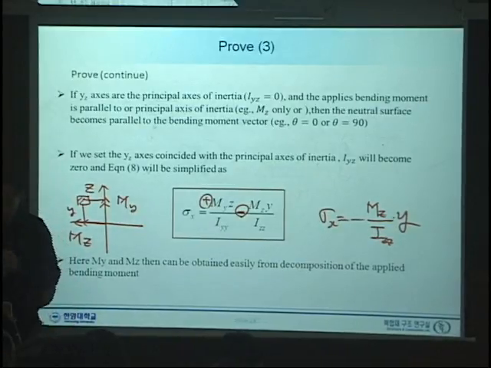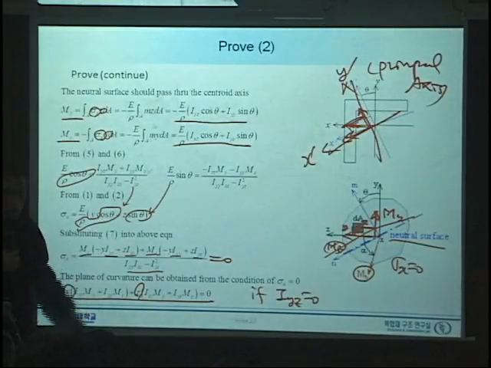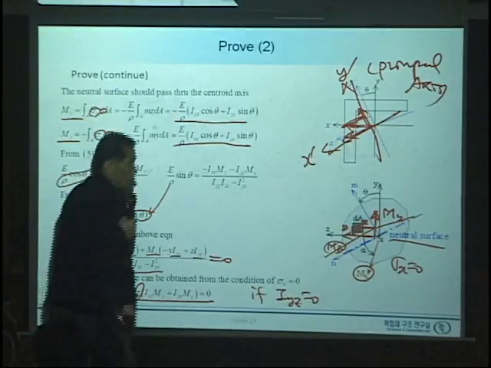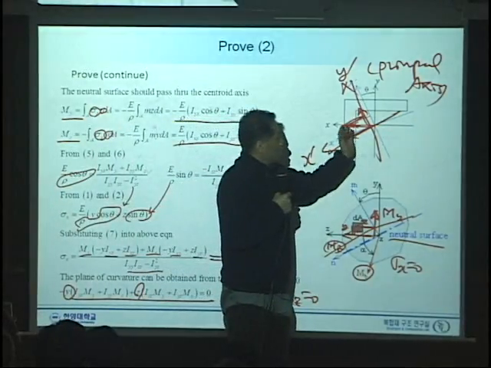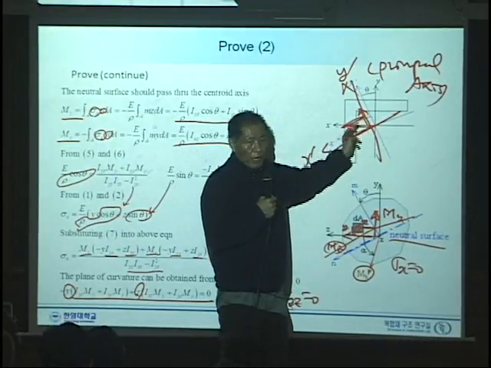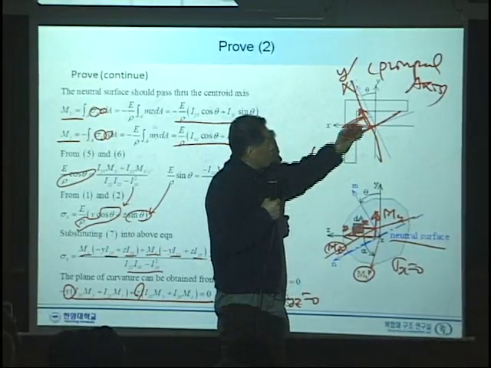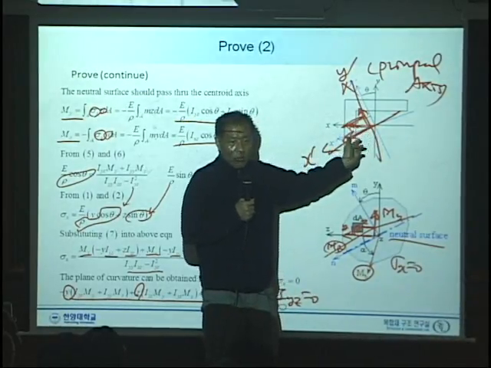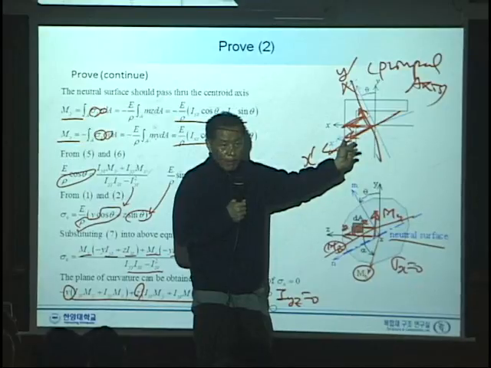So rather than using these complicated equations, you need to find the principal axis where the product of moment of inertia disappears, and what you need to do is calculate the moment components in the principal directions, which are called moment Y and moment Z, right?